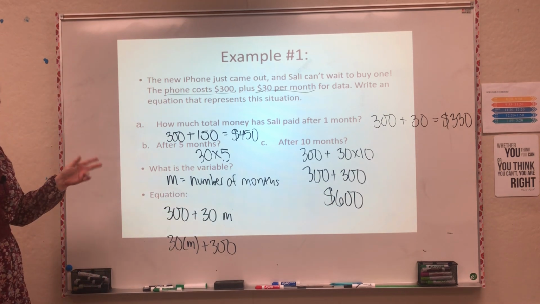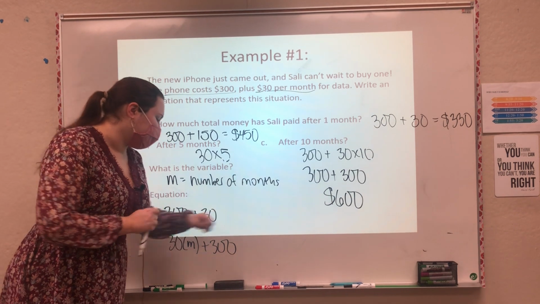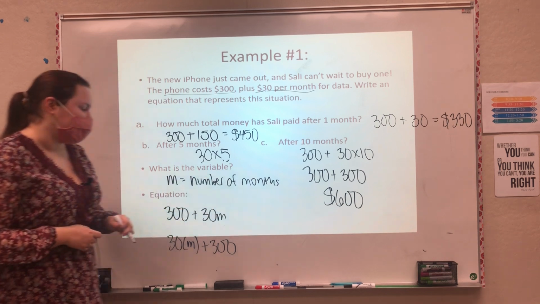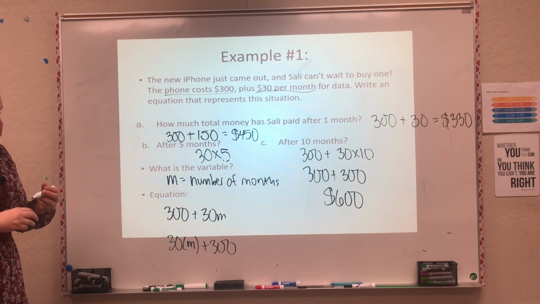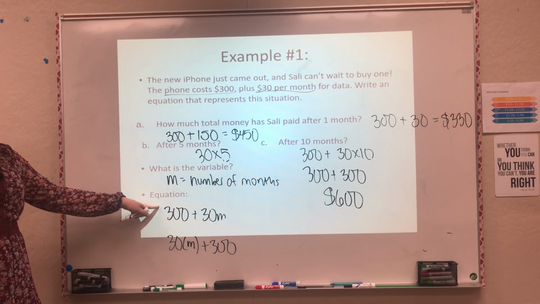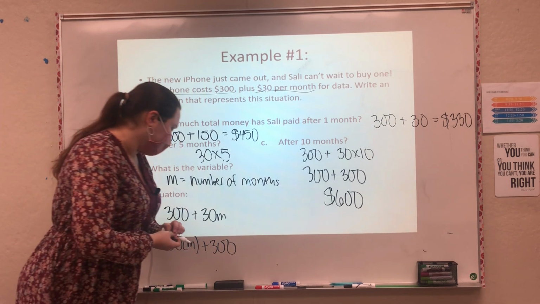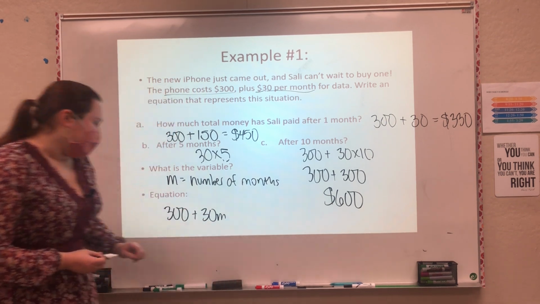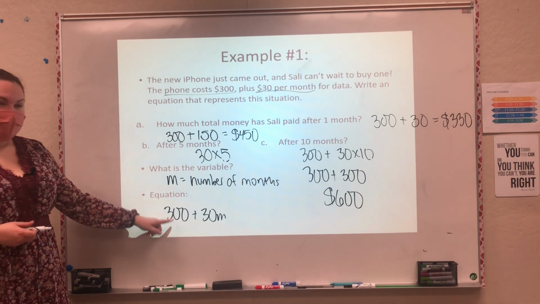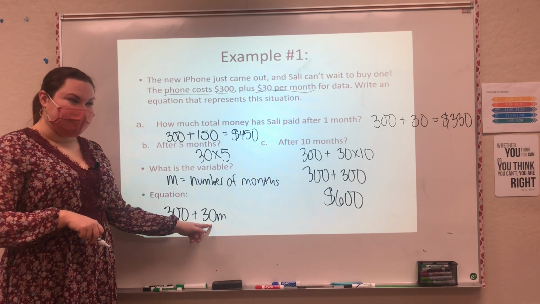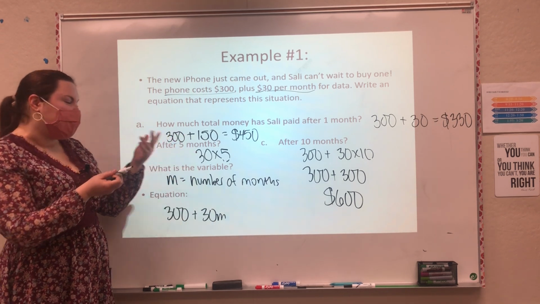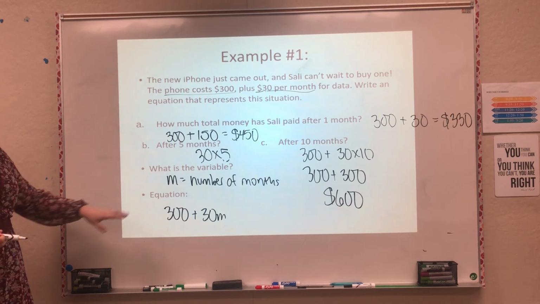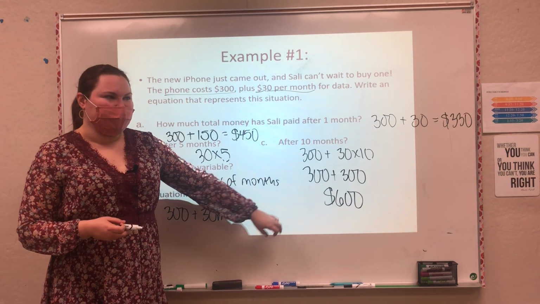It says 30 times m. The most common way you're going to see it is just 30m. They're all good. I do want to make sure you know this is the same thing as 30 times m. So we've got the $300 for the phone plus the $30 times however many months you've got that phone for. When I do all of this math, what does it tell me at the end?